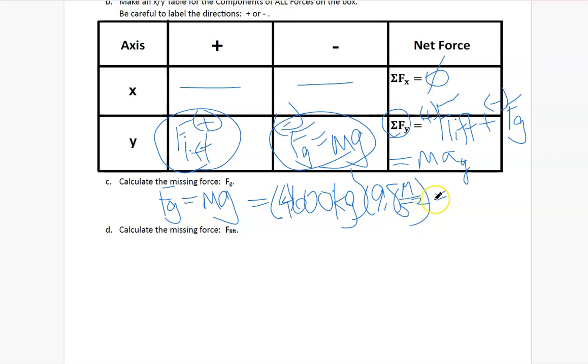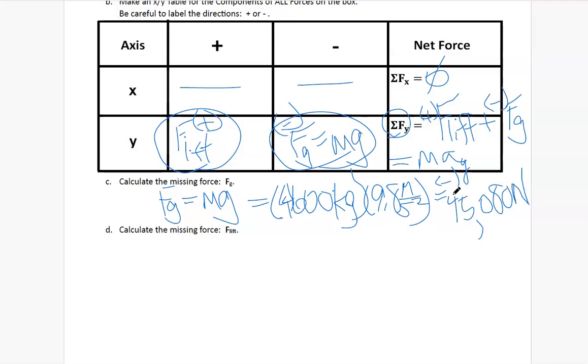We pull out our trusty calculator, and it tells us that the value is 45,080 newtons. Remember, forces are always in newtons, and we can assign it a negative sign.